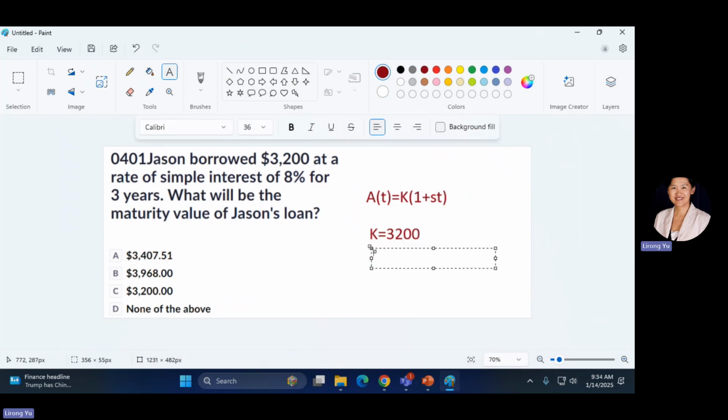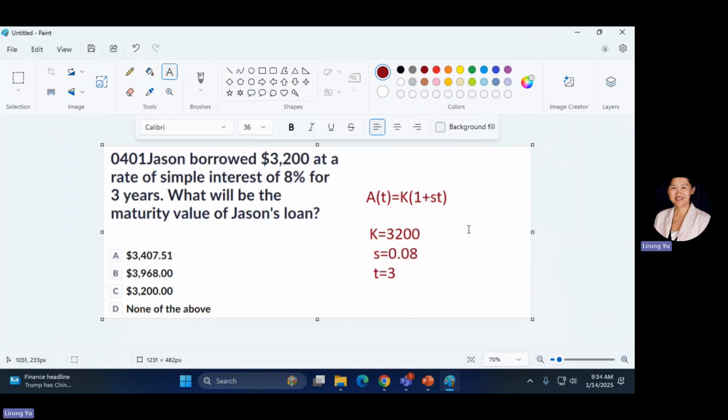We have the interest rate, which is normally called I or R, but since this is simple interest, let's use S. S is equal to 0.08. I try to make the notation match the notation in the book. Another thing is the time, which is normally noted by number of years. In this question, it's 3.